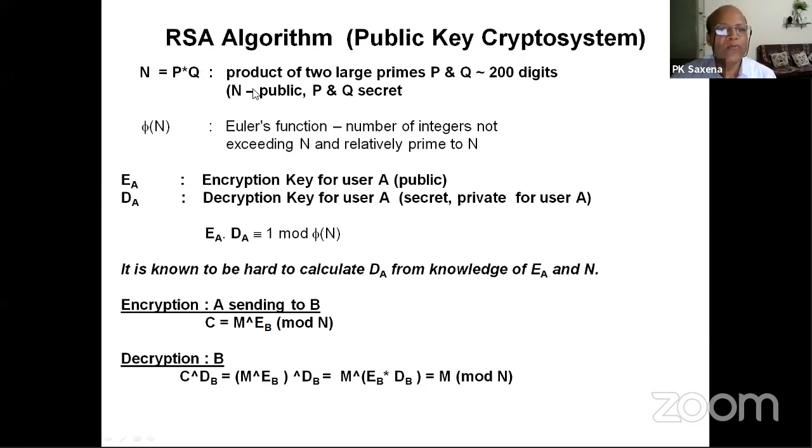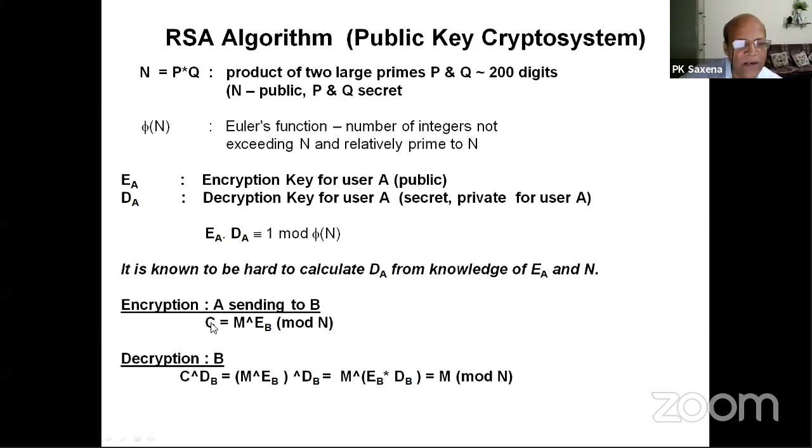This property was used by Rivest, Shamir, and Adleman to devise the RSA crypto system. Here the encryption and decryption keys are related by the formula E times D is 1 mod phi(n). E is the encryption key and D is the decryption key, and the encryption method is that the message is raised to the power of the encryption key modulo n.